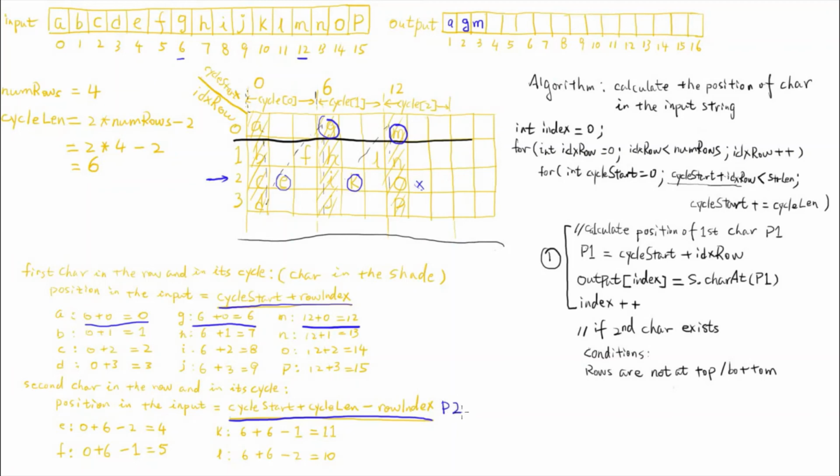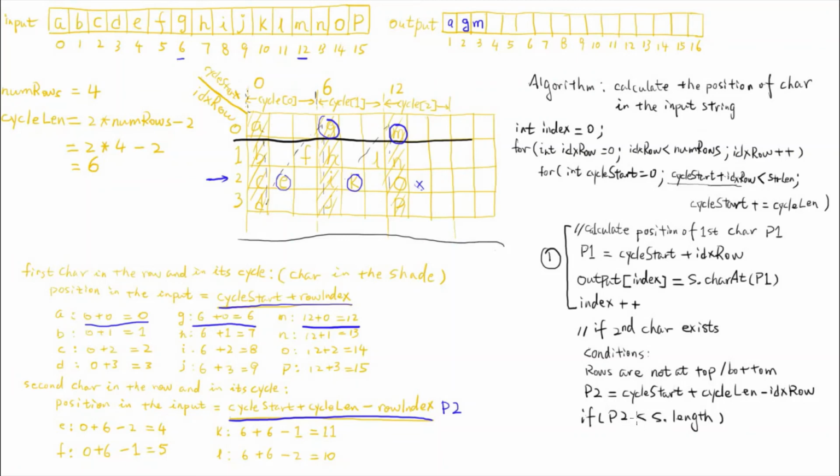We call it P2. P2 equal to cycle start plus cycle length minus the row index. Then we check if P2 is smaller than the string length of the input string.